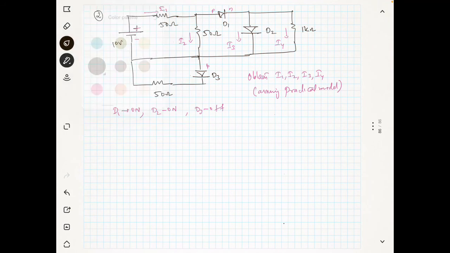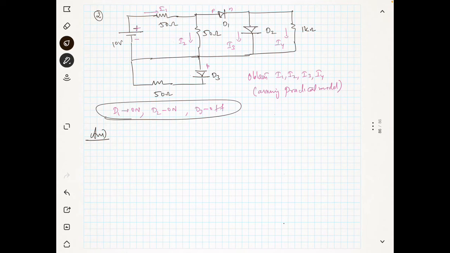So we are assuming the practical model and we are going to find the currents. We have seen already that D1 and D2 are in on state and D3 is off.